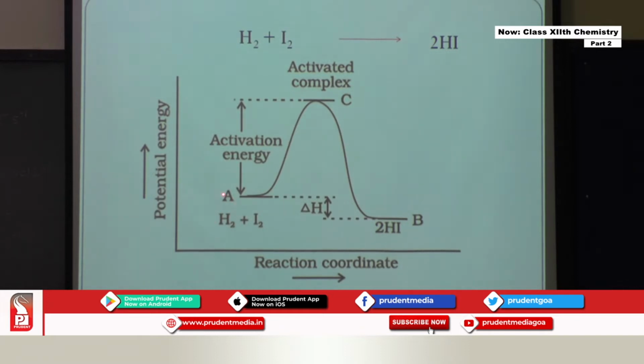Hydrogen and iodine is marked as A, which has some amount of potential energy. Hydrogen iodide is marked as B, which again has energy less than the reactant A. As you can see, the difference in both these energies of the reactant and the product is given as delta H, which is known as enthalpy of a reaction. Enthalpy helps us to find out whether a reaction is endothermic or exothermic.